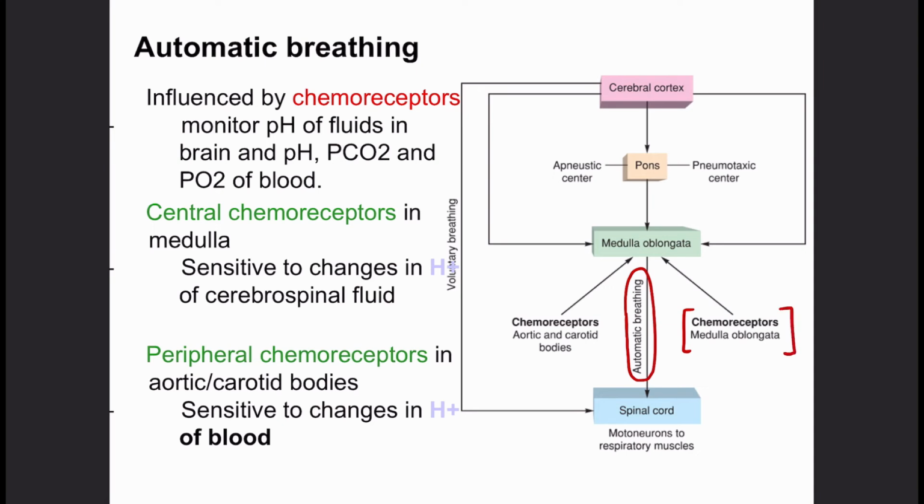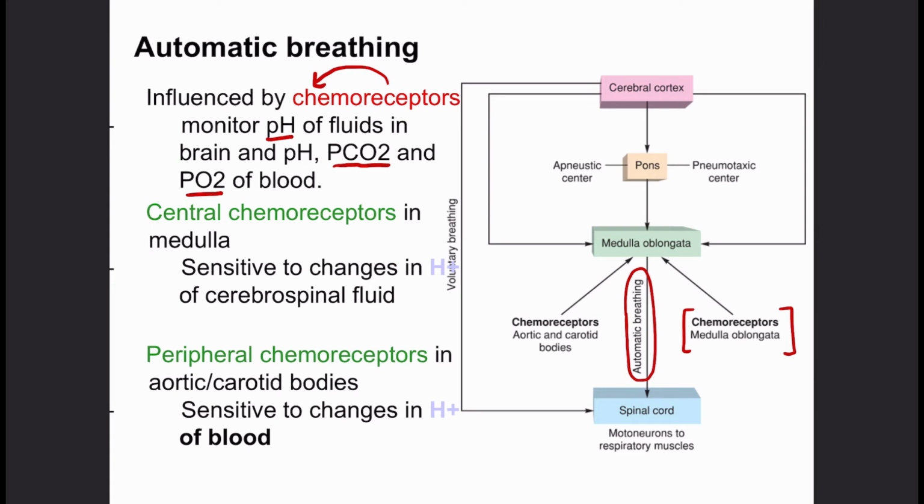And these chemoreceptors are going to measure the partial pressure of carbon dioxide and the partial pressure of oxygen of the blood. And similarly, we'll also monitor the pH. And we're going to show you how one can influence the other.